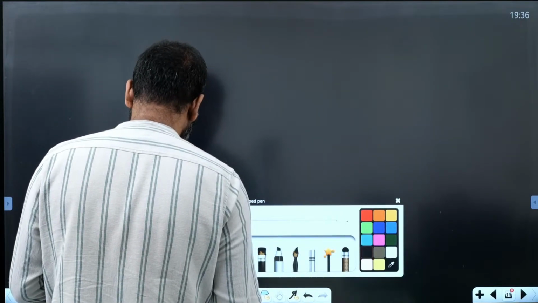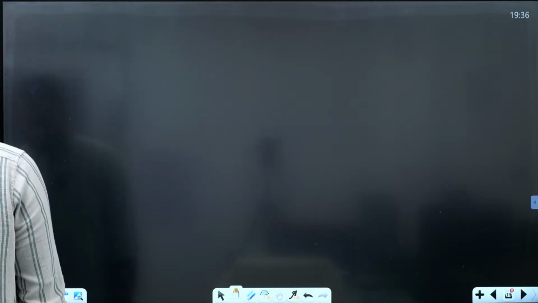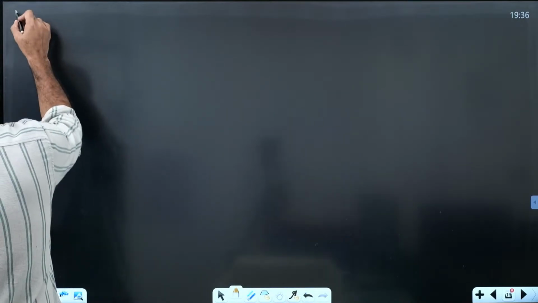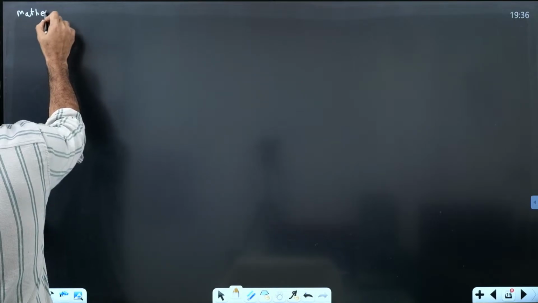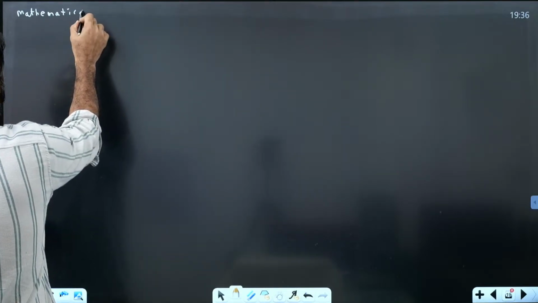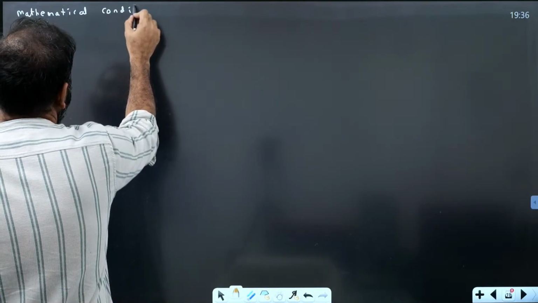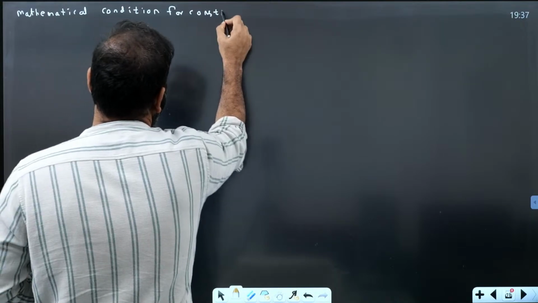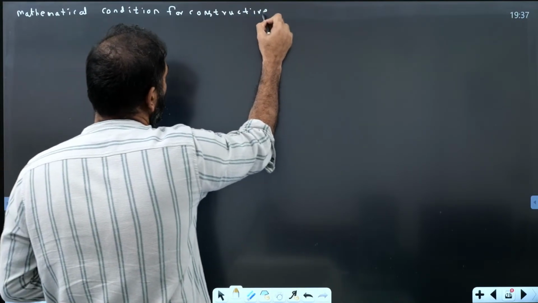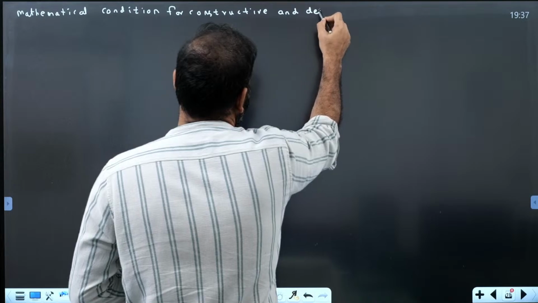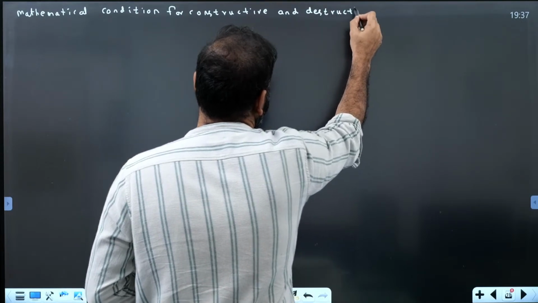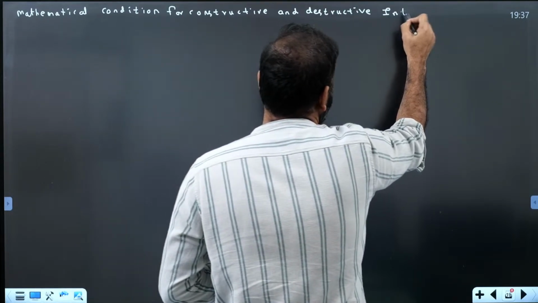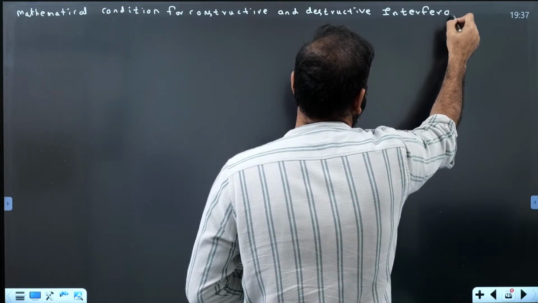Next is a lengthy derivation: the mathematical condition for constructive and destructive interference.